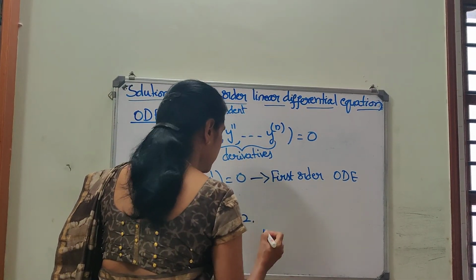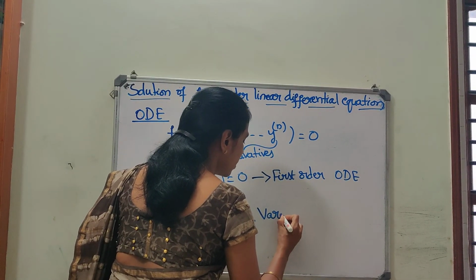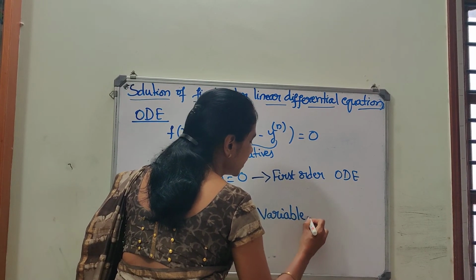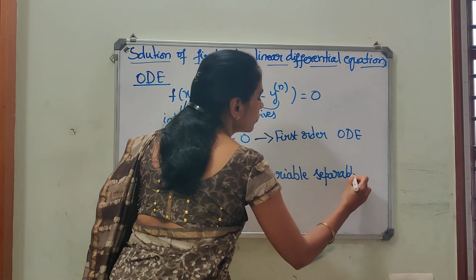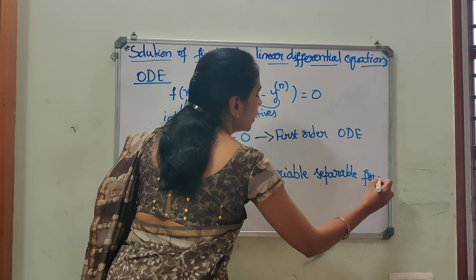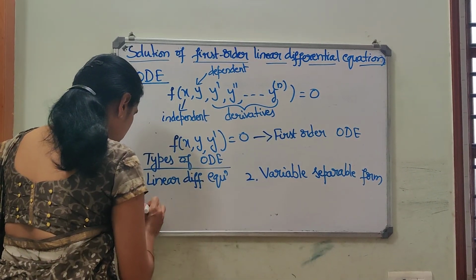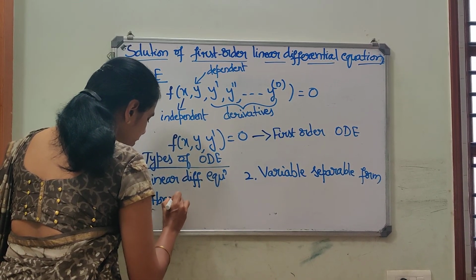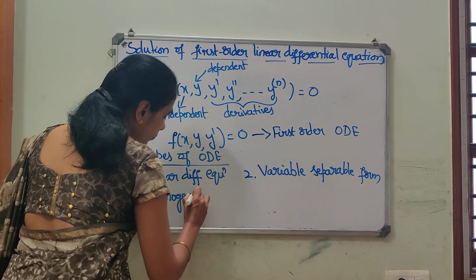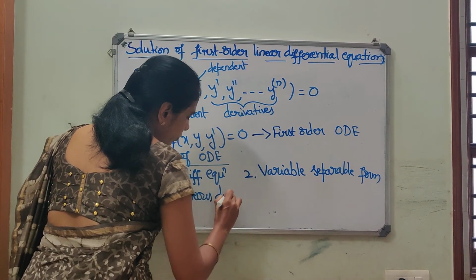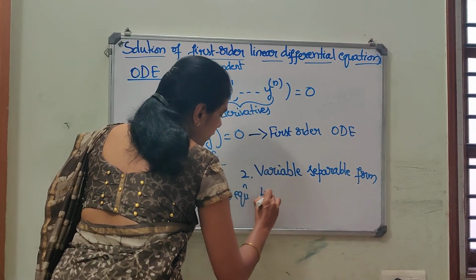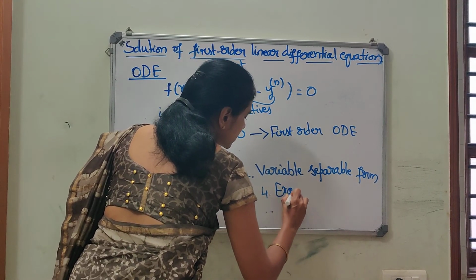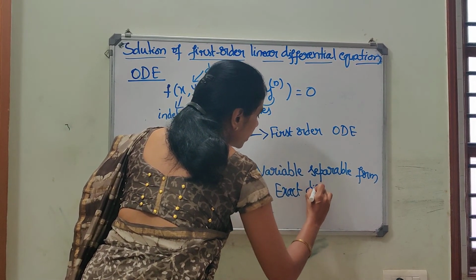Second one is variable separable form, which we have already studied in our earlier classes. The other one is homogeneous differential equation. And the other one more is exact differential equation.